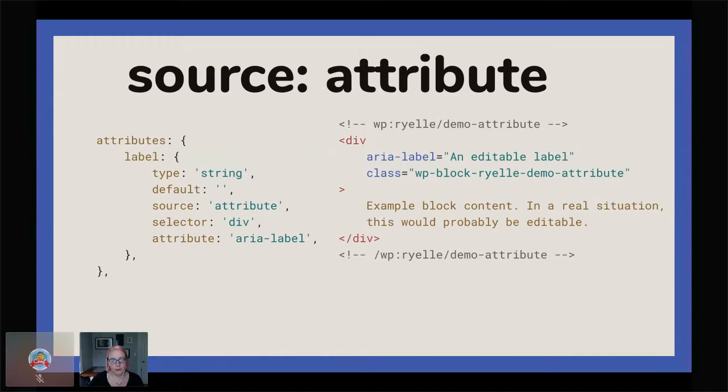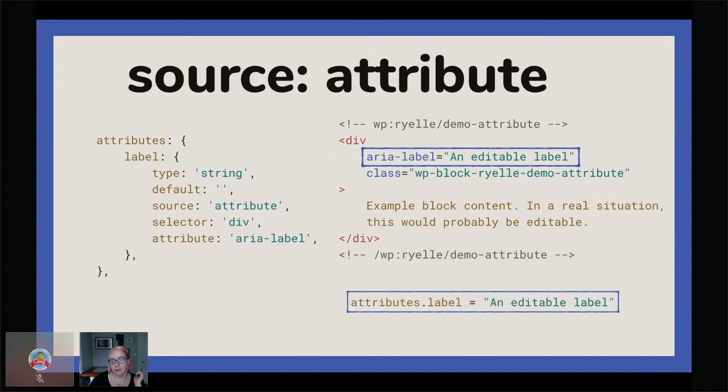So in this case, it knows to look at the div because of the selector property that we've passed in. And then the attribute itself is specified with this attribute property. So it knows to look at the aria-label. And then that means that it pulls out the correct content of an editable label into our label attribute.